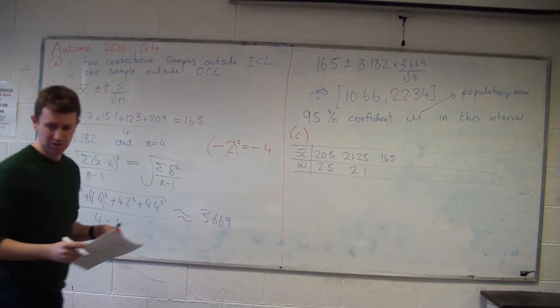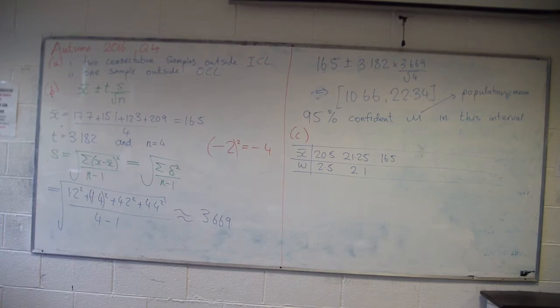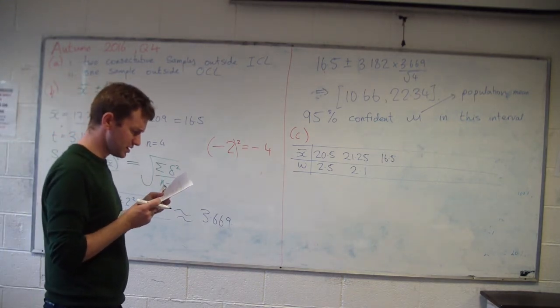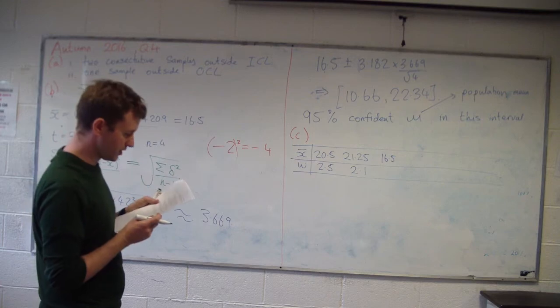And then the W is the difference between the biggest and the smallest. So the third one, what's the difference? 8.6. The third one? 8.6. Oh yeah, 8.6.